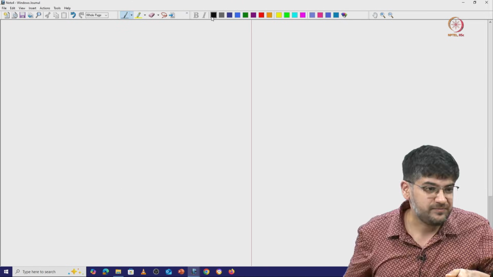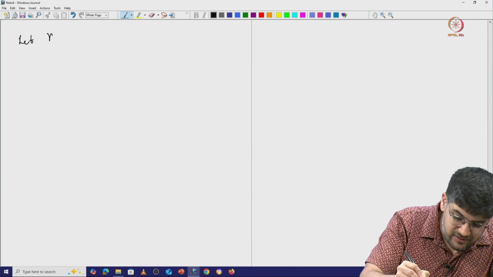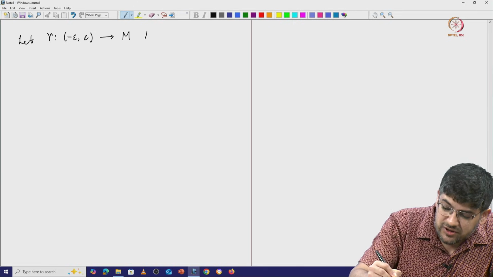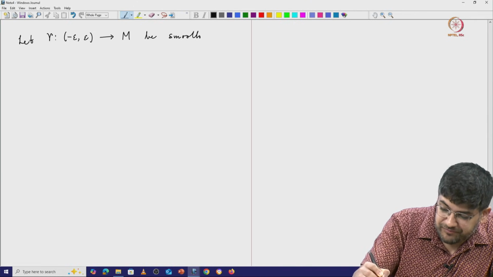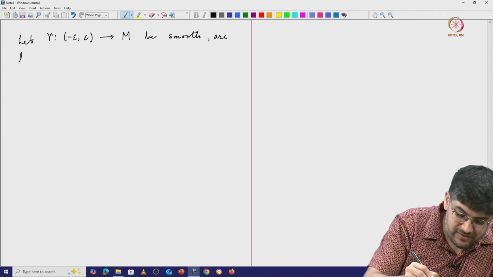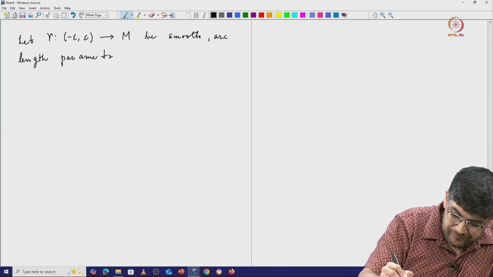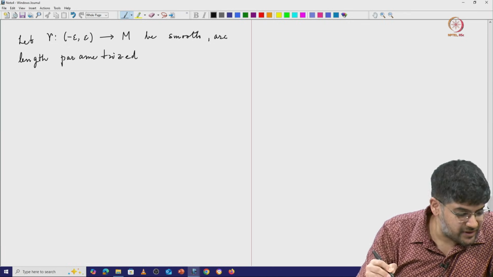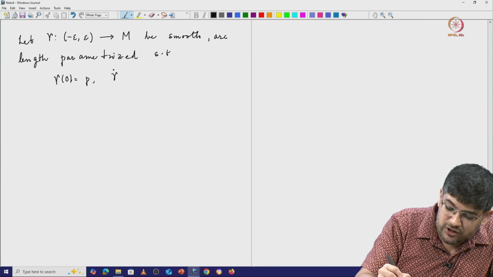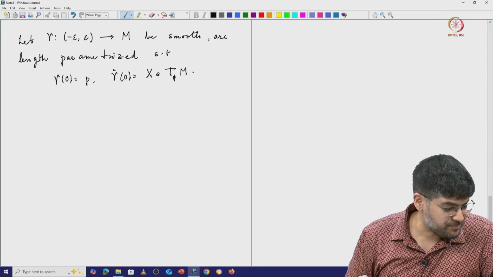So let gamma from some minus epsilon to epsilon in M be smooth, arc length parametrized, such that gamma of 0 is p and the velocity vector is some tangent vector x at p.